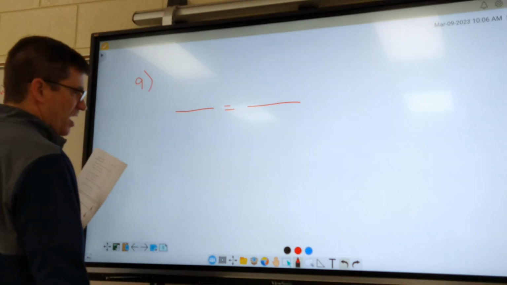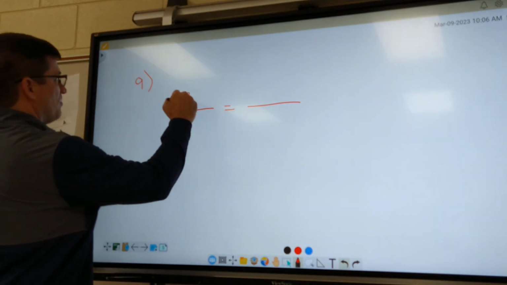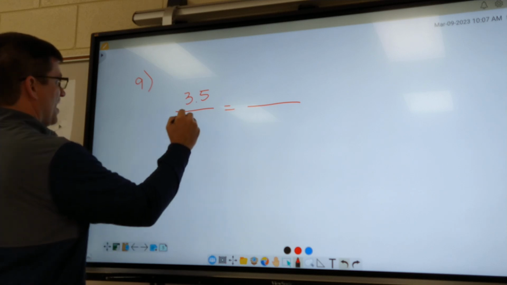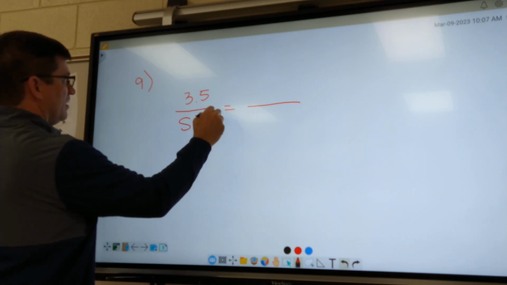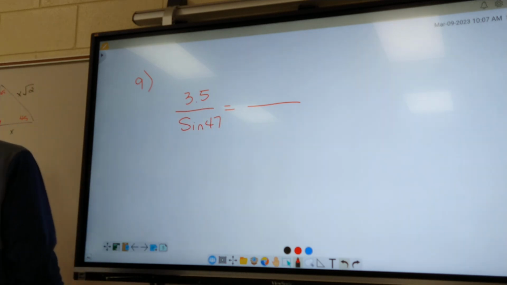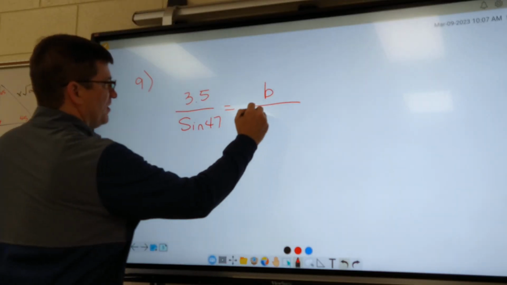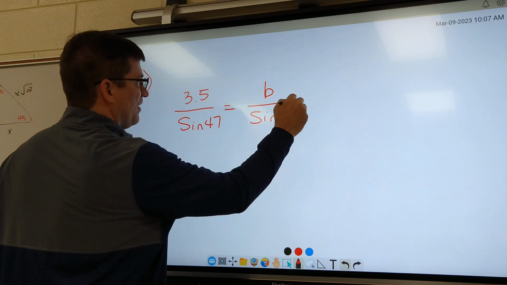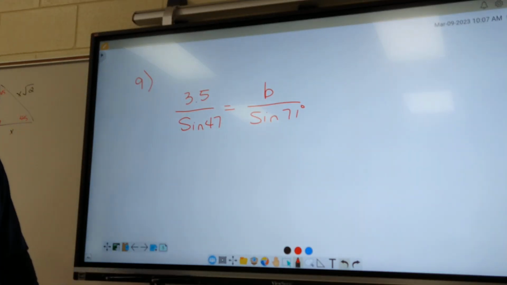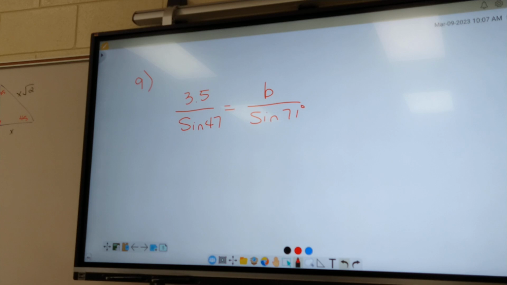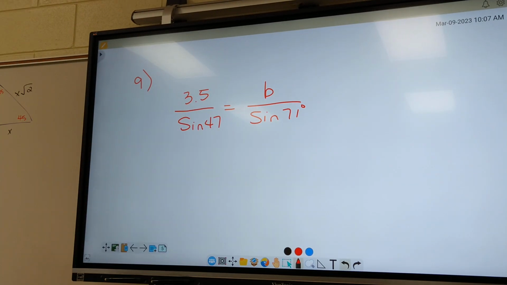So what goes on top? What goes on bottom? Sine of 47. All right? Other side, what goes on top? Little b. What goes on bottom? Sine of 71. Y'all cross multiply and divide that. That will give you your measure for side B. And that's all we have to do on number 9.